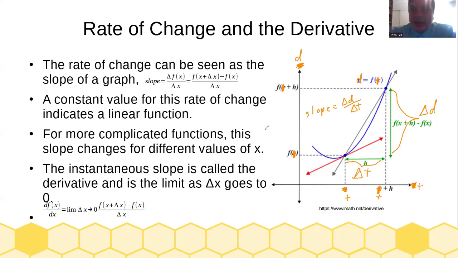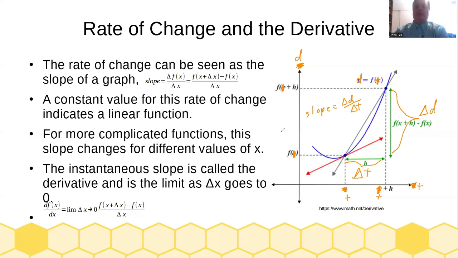The other is that by looking at graphs, we can tell a lot about the rate of change. And from the rate of change, we can tell about the speed of an object. So, for example, the rate of change can be seen as the slope of a graph.